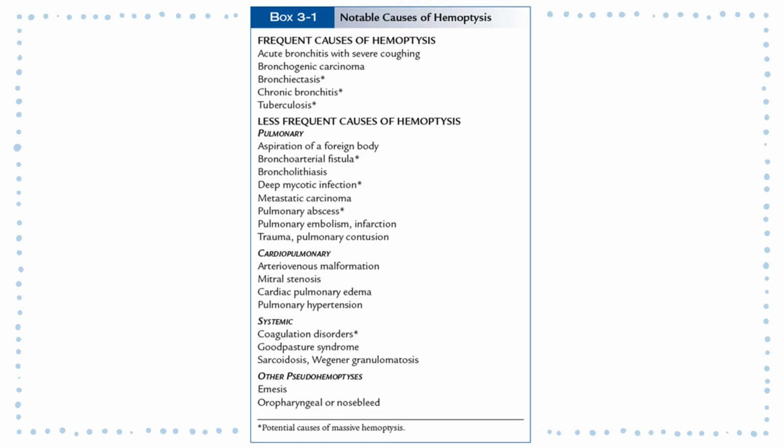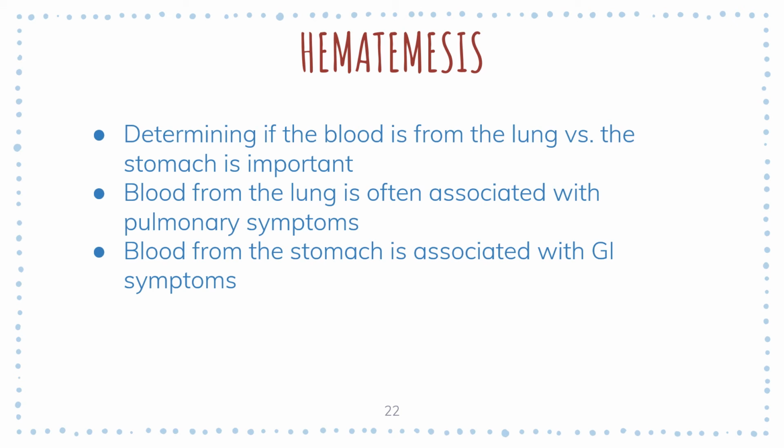Pseudohemoptysis. Oh, yeah, definitely make sure it's not coming from the mouth. Sometimes people get confused because they gag and cough and puke at the same time. You might think it's coming from their lungs, where it's actually coming from their esophagus. So it could actually be emesis, like a GI bleed, because that's what I was thinking.